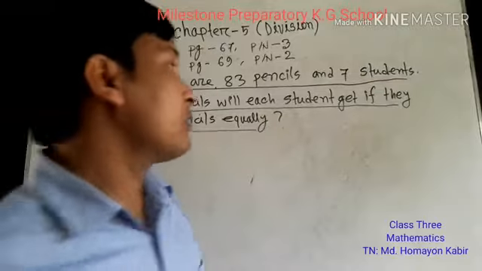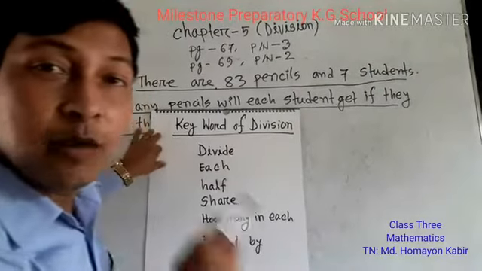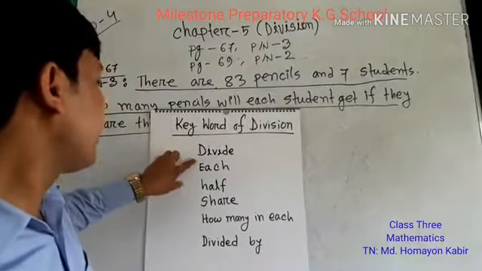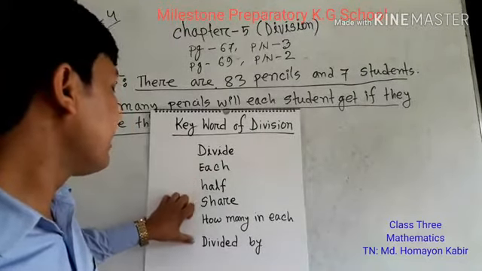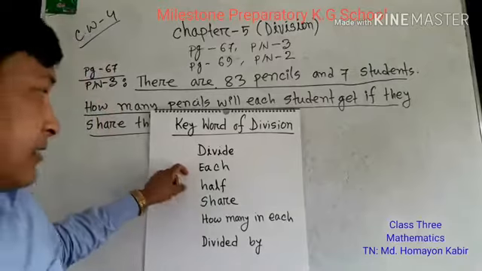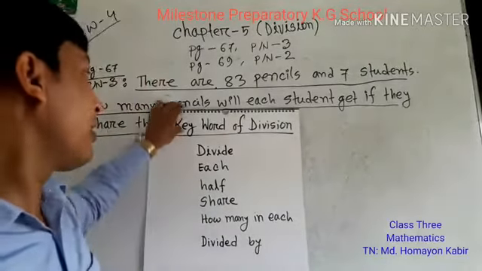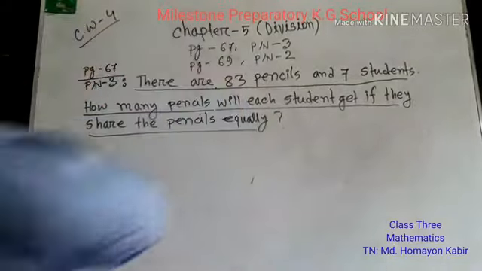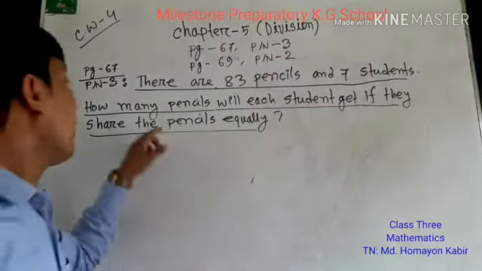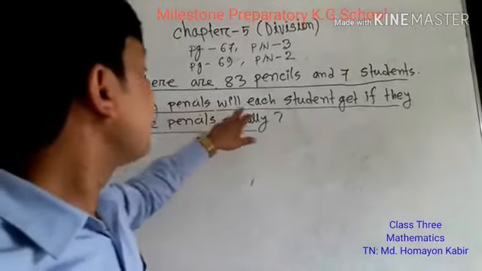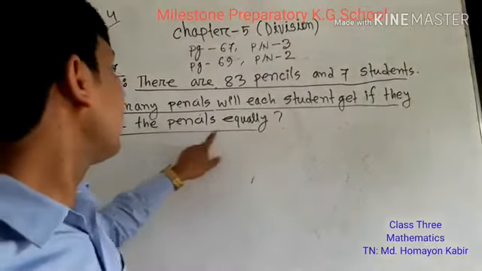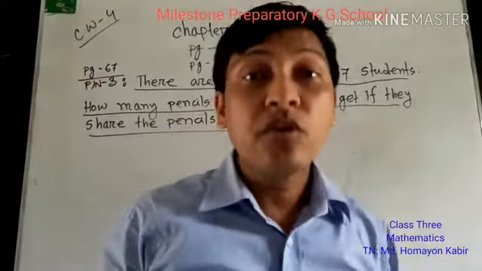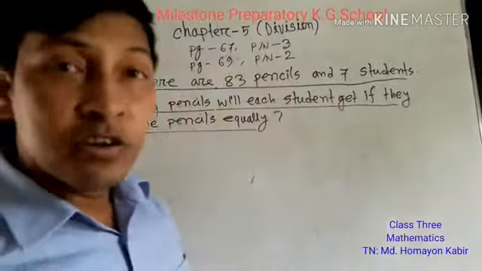There are some keywords you know: division, divide, half, share, how many, in, divided by, etc. These are the keywords of division. Here, how many pencils will each student get if they share the pencils equally? Okay, we have to do division.